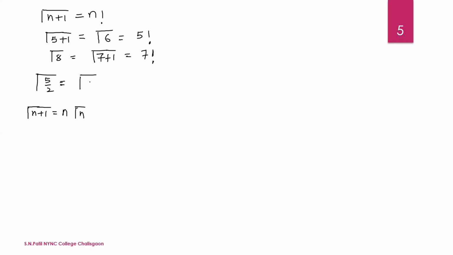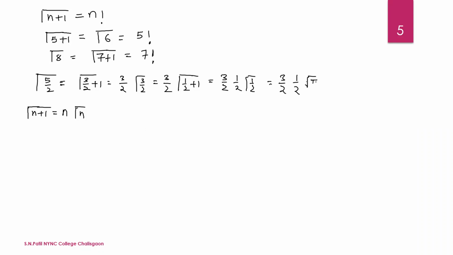It can be written as 3 by 2 plus 1, so it is 3 by 2 into gamma of 3 by 2. Write again gamma of 3 by 2 in the form of n plus 1 if possible. Yes, it can be written as 1 by 2 plus 1. So it is 3 by 2 as it is, into 1 by 2, gamma of 1 by 2. And we know gamma of 1 by 2 is under root pi.